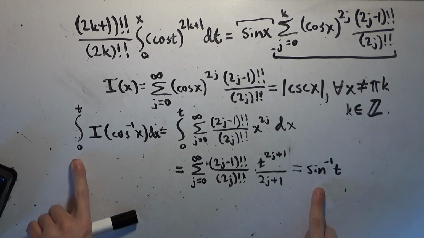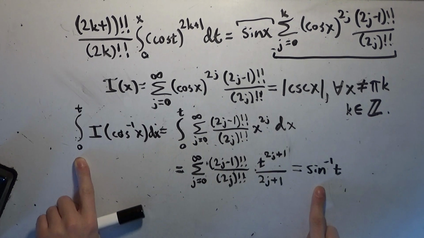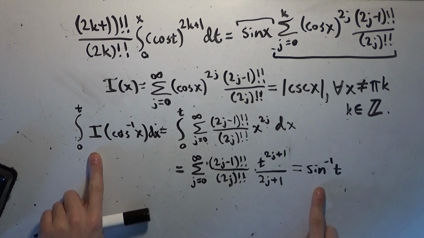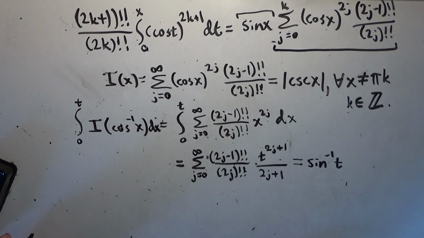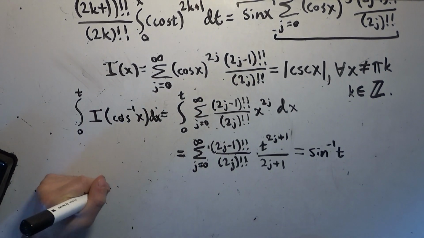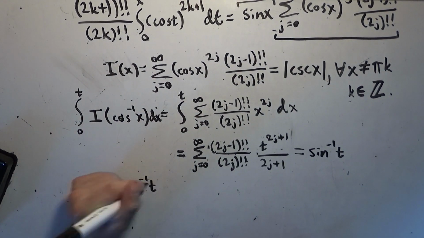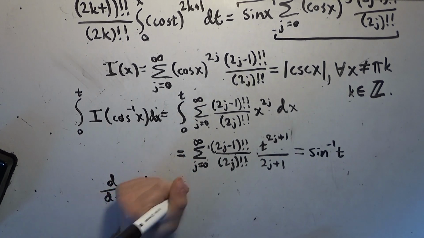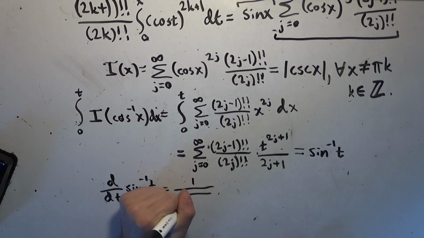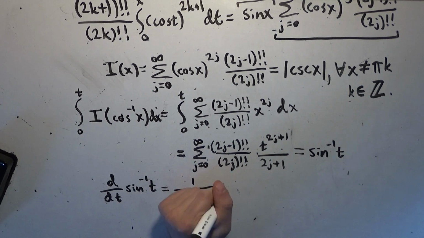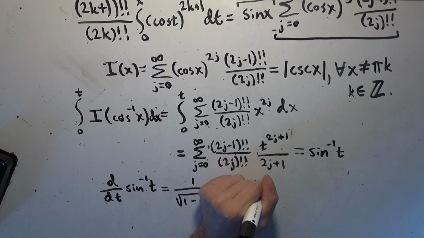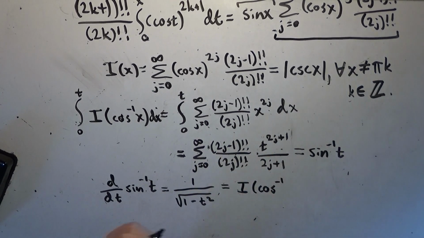That allows us to take the derivative of both sides, and we will know exactly what this inverse cosine of x is. So if we take the derivative with respect to t on both sides, we will end up with the fact that the derivative of sine inverse of t, which turns out to be 1 over the square root of 1 minus t squared, if you remember that from Calc 2, it's not too hard to figure out, is equal to this inverse cosine of t.